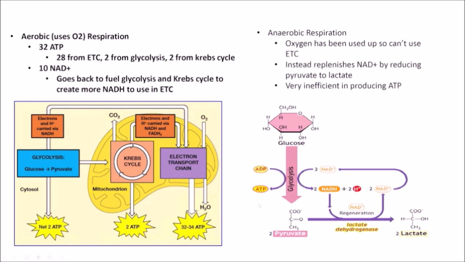It's only producing 2 ATP at a time, much less efficient than the electron transport chain, but 2 ATP is better than no ATP. So if you don't have oxygen, this is what your body does. And that's when they talk about lactic acid build up in your muscles and that sort of thing.